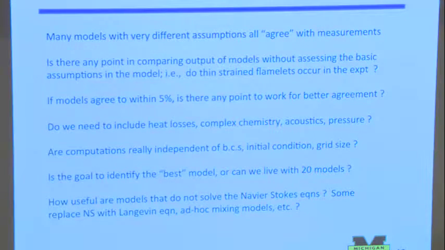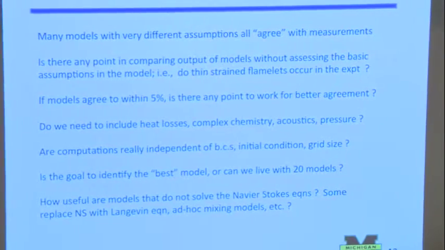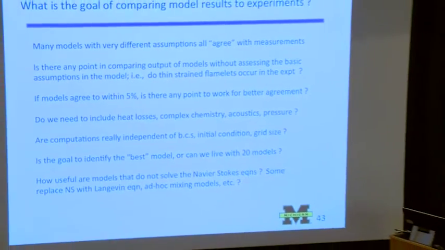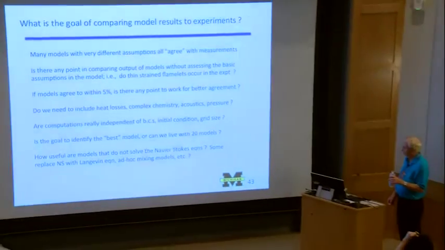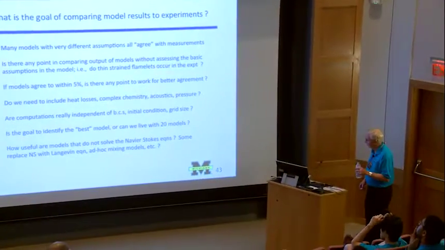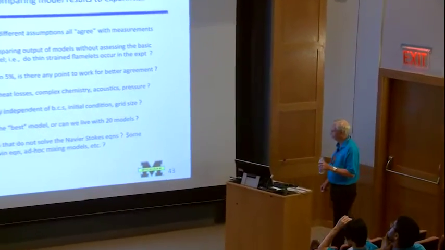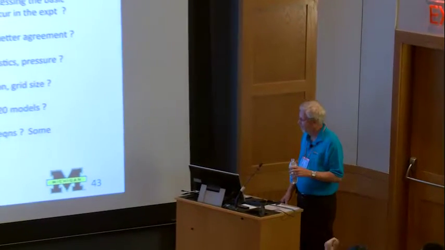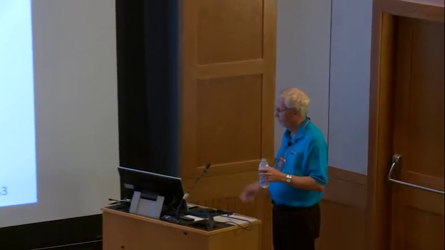The boundary conditions are usually simplistic. Do we want to identify the best model, or can we live with 20 models? Or do we want to attempt to converge and get 3 or 4 categories of models and live with that?